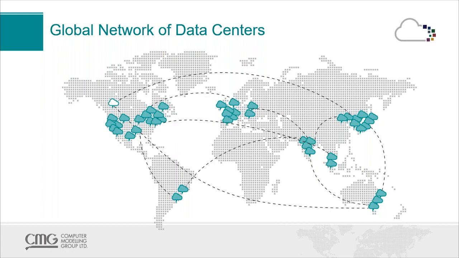The way they are distributed is based on a couple of reasons. First, it gives you quick and easy access anywhere in the world, so you're never too far from a physical data center. Secondly, they address country requirements. Certain countries don't allow you to pass data outside the country borders, so the way these are set up allows you to use the cloud without violating any of those rules.